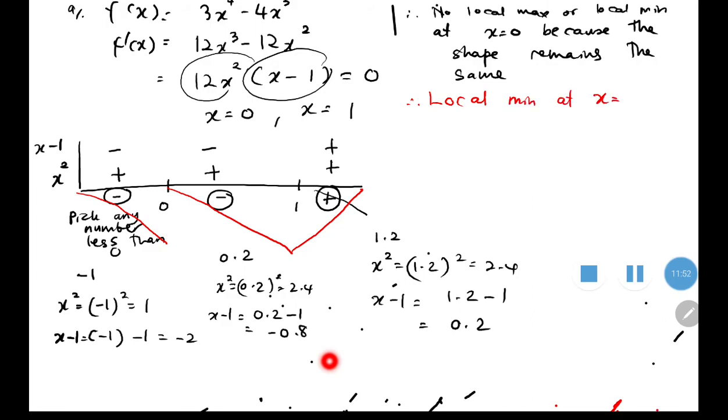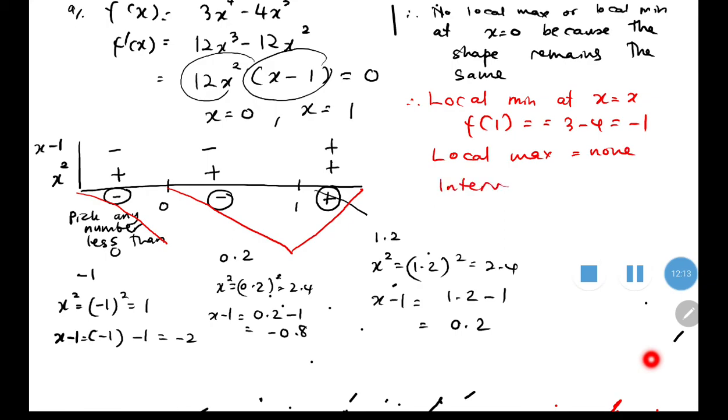Okay, so now there is a local minimum at x equal to 1, and then we want to find the value when x is equal to 1. It is minus 1. And then there is no local maximum. So the interval of increasing is from, okay, increasing from where?